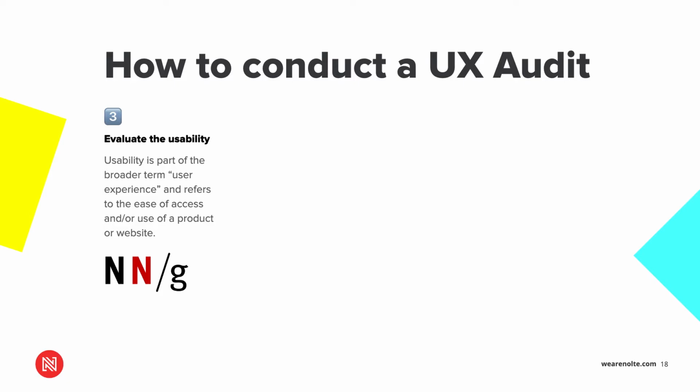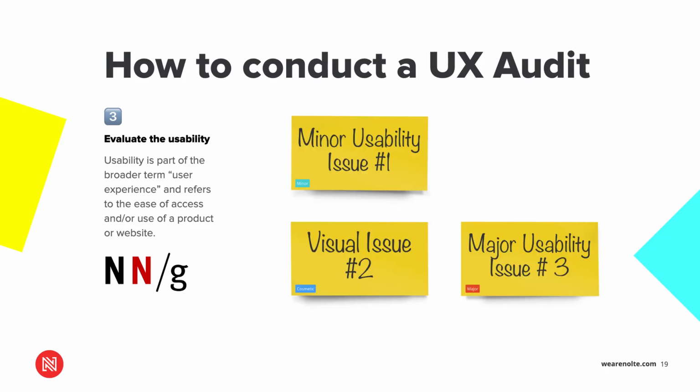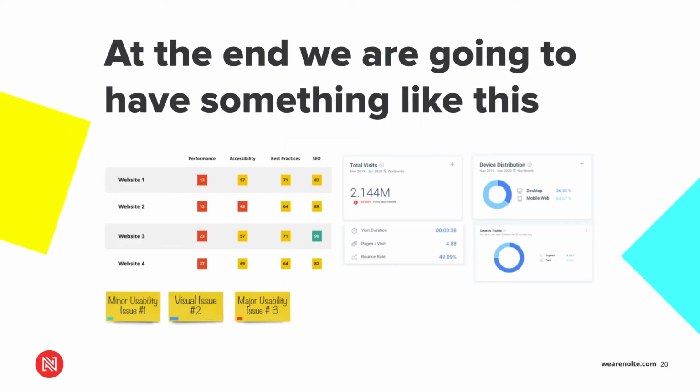If you search on Google, you will find a lot of information about it, and you can even find documents with checklists already created of specific things to look at in your product. Once we evaluate the usability of our product, as a result, we will end up with notes of usability issues that we found.